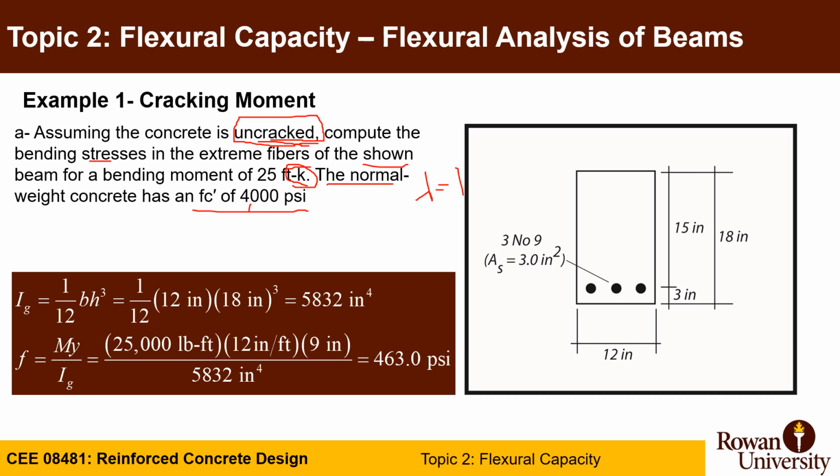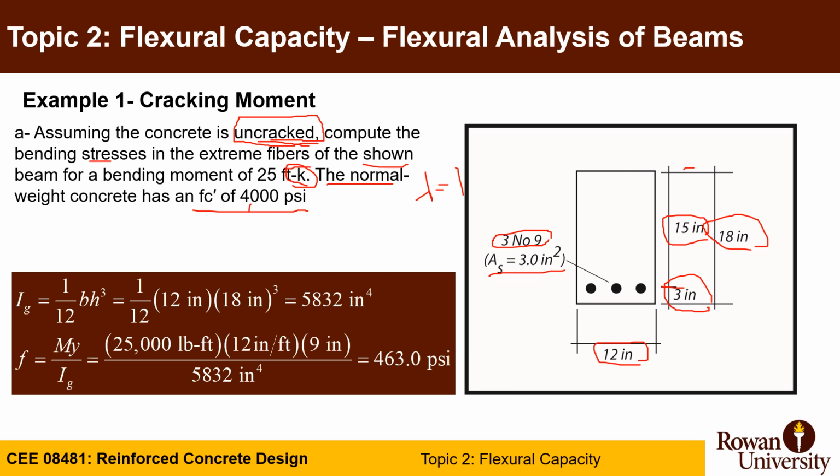And your cross section is 12-inch wide, 18 total depth, structural depth 15, which is the distance from the top fiber to the centroid of the reinforcement, and 3 inches of cover, and we used 3 number 9 bars with total area of 3 square inches.